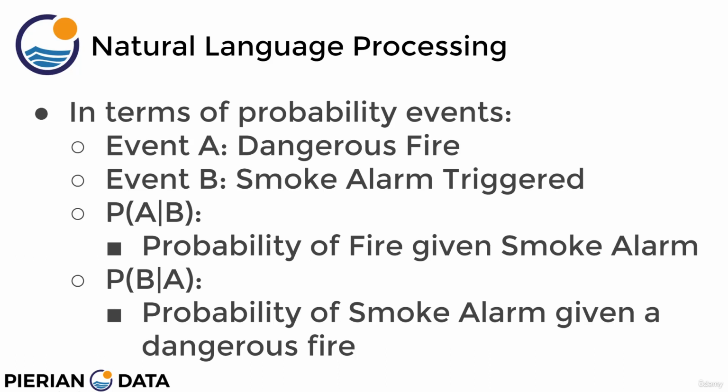Now take a note of these key probabilities. Probability of A given B, we're saying what's the probability that we actually have a dangerous fire given that we've had a smoke alarm detect something. Probability of B given A is what's the probability of the smoke alarm going off given the fact that there is actually a dangerous fire.